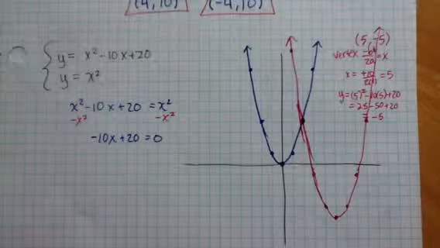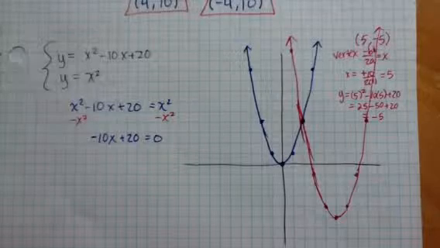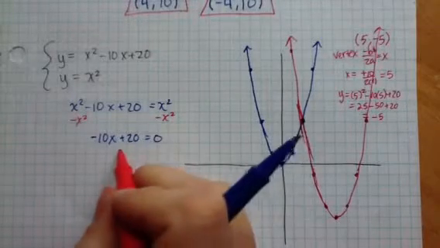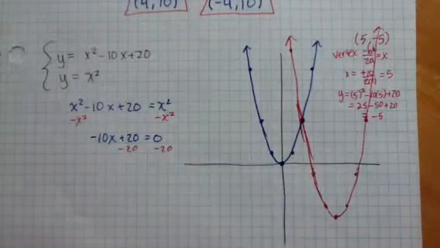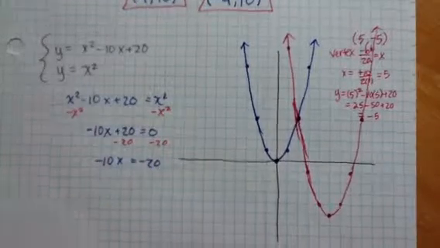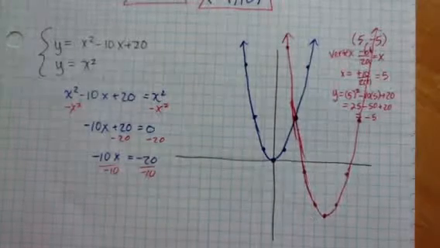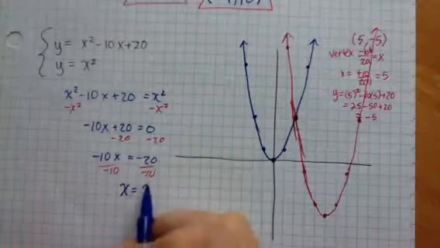That is not a quadratic equation, it's linear, so to solve it I isolate the x. I'll subtract 20, so I get negative 10x equals negative 20. Divide by negative 10, and that gives me x equals 2.